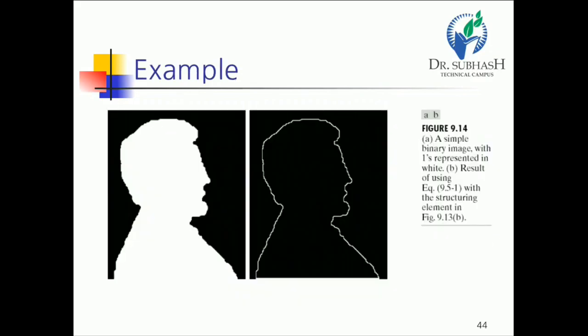A simple binary image can be represented with ones, which are white, and zeros, represented with black.